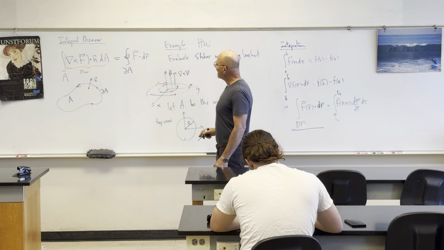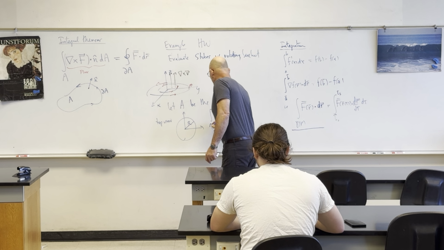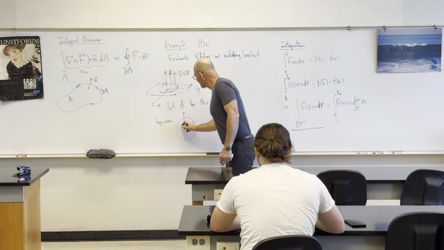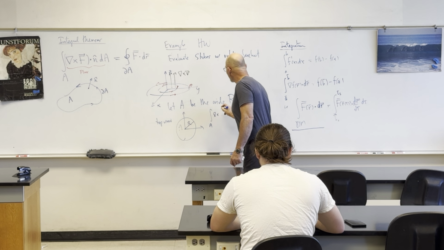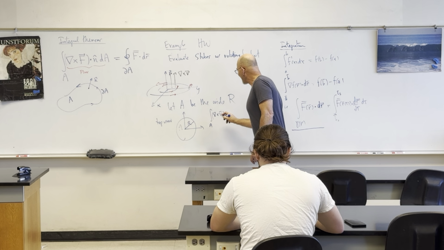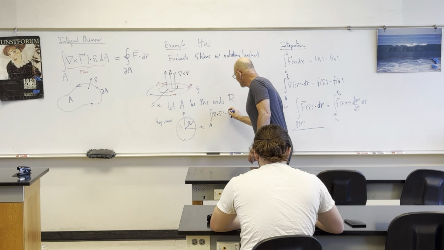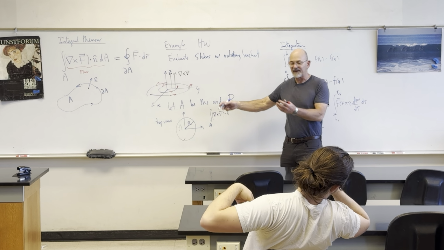So the left-hand side, just go ahead. We've got a circle of radius r. That's the area there. We've got the curl of that vector field B. The n hat is just k hat, and since the curl is itself in the direction k hat, that takes care of that.